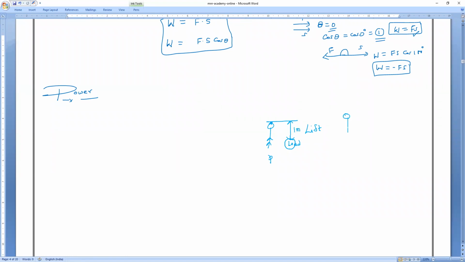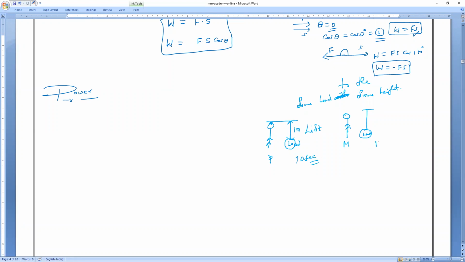Now I'll ask Mr. Mari to lift the same load to the same height. Same load to the same height, to understand, everybody. Now, Mr. Pranav has taken 10 seconds to lift the load.